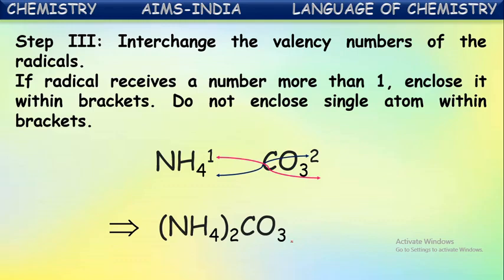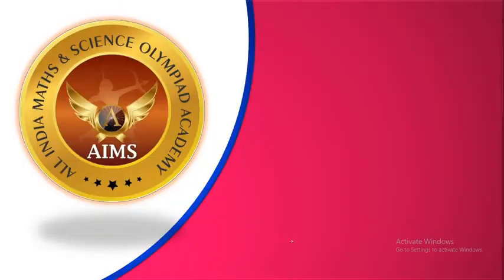Then in the third step, we interchange the numbers remaining in their valencies between those two ions or radicals. Then the molecular formula of the compound will be obtained. If there is more than one atom in the radical, and if we get a number more than one as the interchanged number, then that radical formula is kept in brackets. This is the way of writing the molecular formula of compounds.